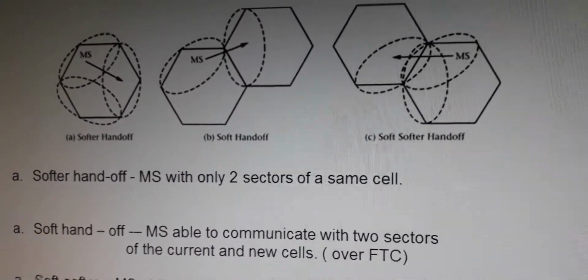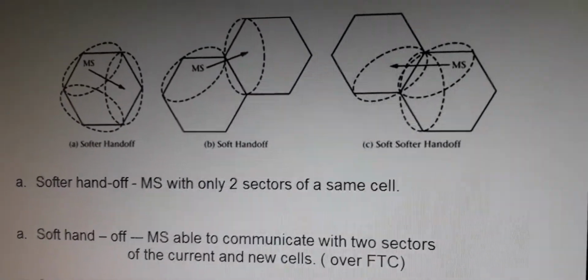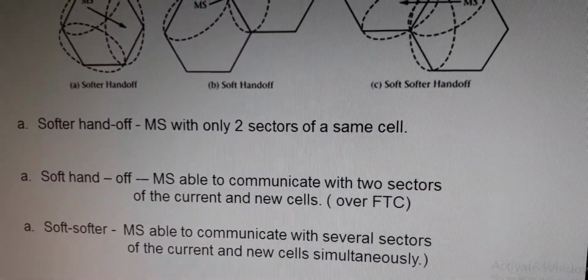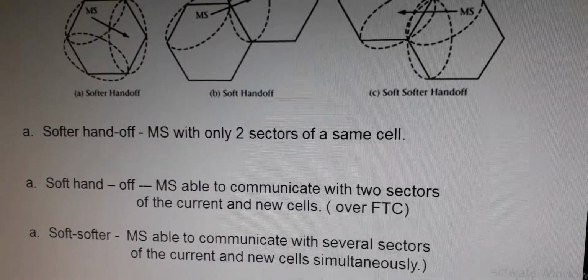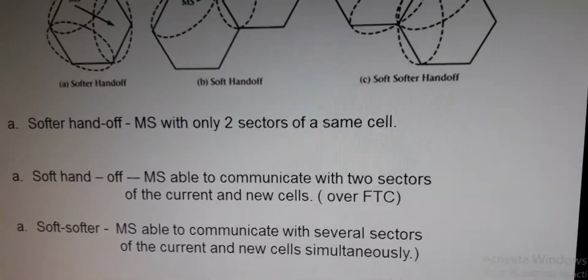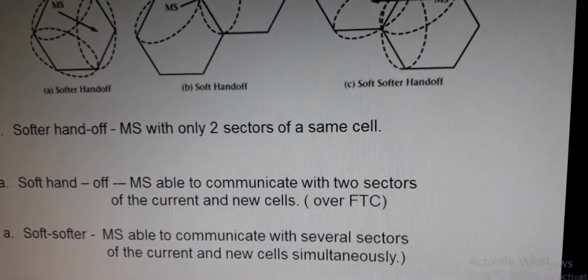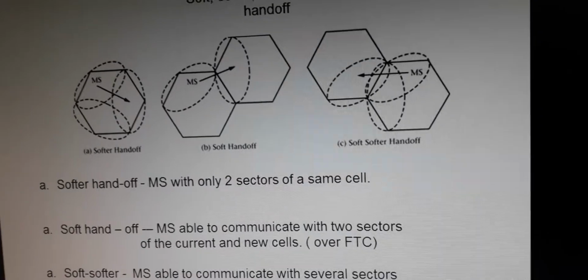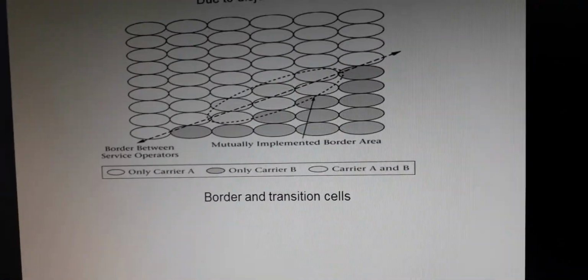Softer handoff means the MS is with only two sectors of the same cell. In soft handoff, the MS is communicating with two sectors of the current and new cells. Softer means it's an intermediate version between soft and softer. For hard handoff, you refer to my PPT.